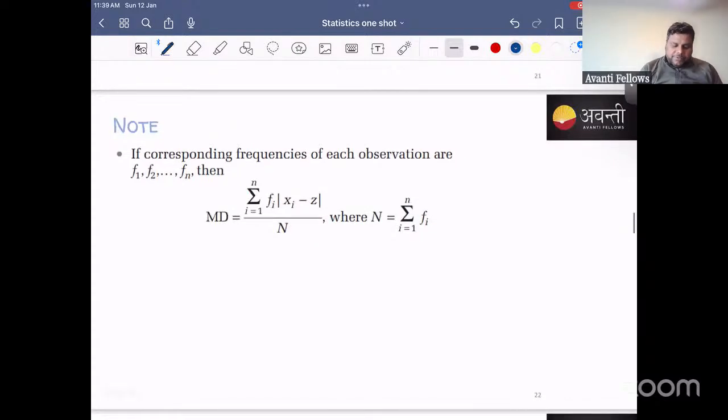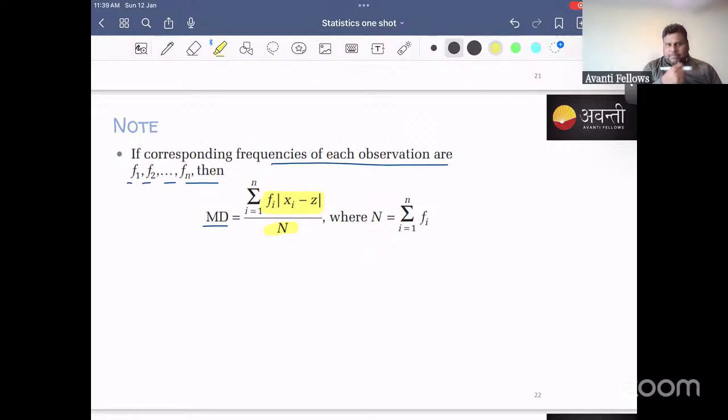Now, if the corresponding frequencies of the observations are f1, f2, f3 up to fn, then mean deviation is fi into mod of xi minus z or x bar, whole divided by total number of observations, or sum of all the frequencies. Now this z can be mean if we are finding the mean deviation about the mean.